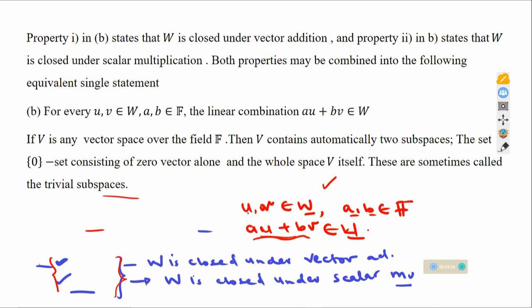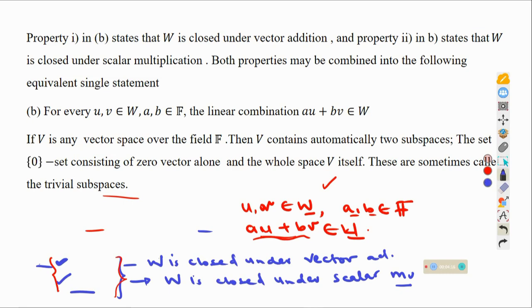That is, you pick any two vectors from W and you show that this linear combination AU plus BV is also in W.